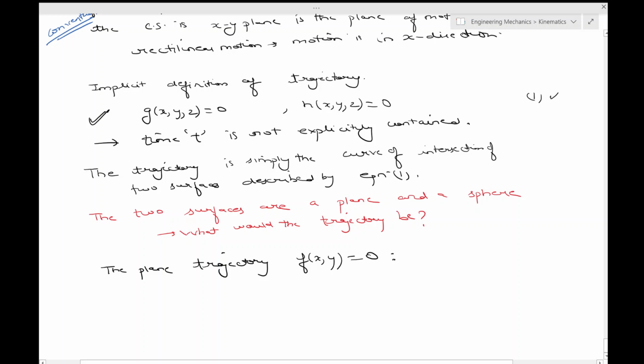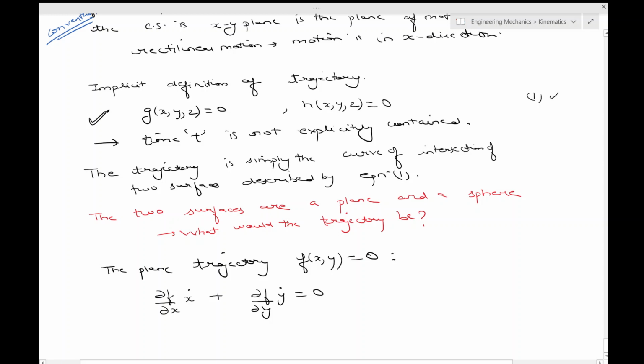So if the plane trajectory is this function f(x, y) is equal to 0, you can differentiate this with respect to time. So that would be ∂f/∂x times x dot plus ∂f/∂y times y dot is equal to 0.